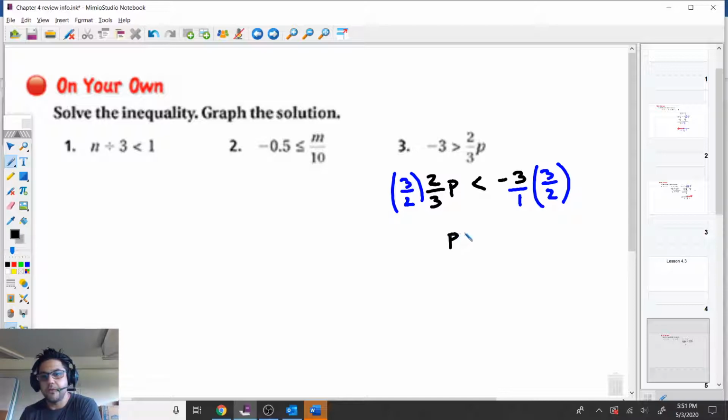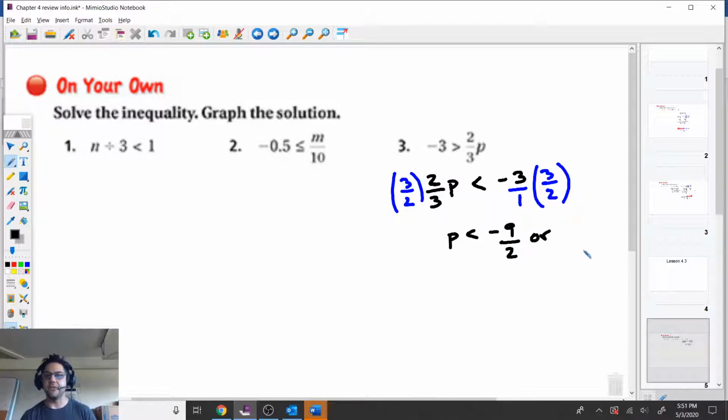So we would have our variable is less than negative 3 times 3 is 9, 1 times 2 is 2. Just giving you a heads up, this is the answer that you're going to actually prefer in 8th grade. An improper fraction gives us a little bit more accuracy on some of our skills in 8th grade. In 7th grade, we want to continue to practice our mixed number, because you're still going to have to be able to work with that, especially on word problems.